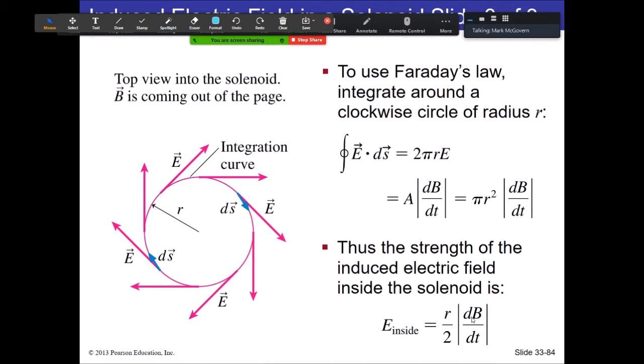So if you could specify what the change in the magnetic field is here, at any distance from the center, you could specify what the electric field is, which is a little wild because this is a linear function. It means when you're very close to the center, the field is not so great. As you get farther and farther and farther away, the electric field actually increases.